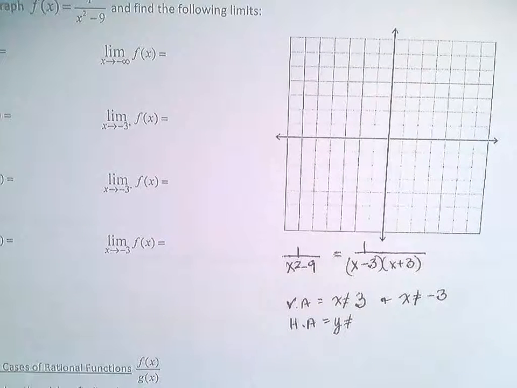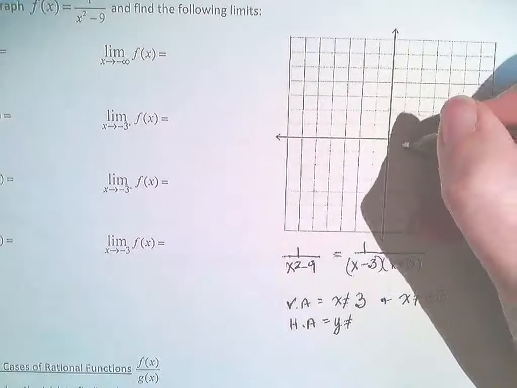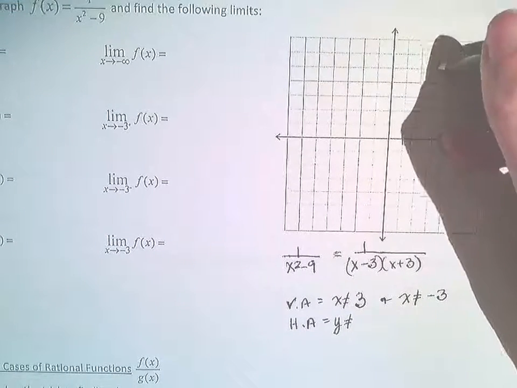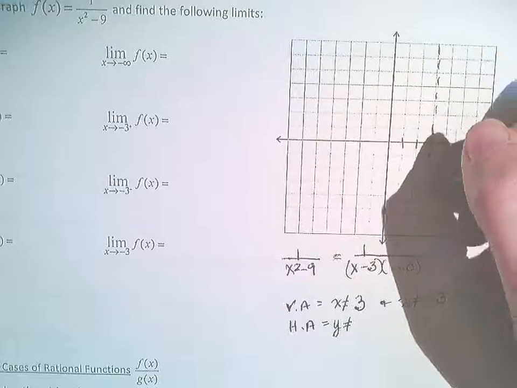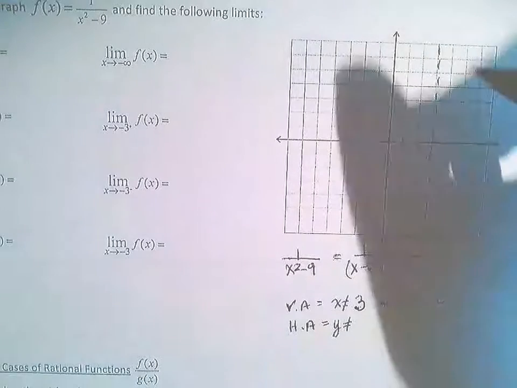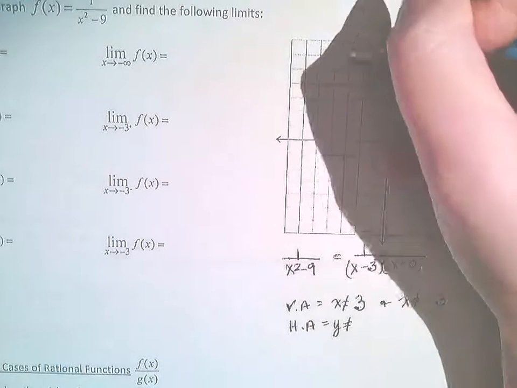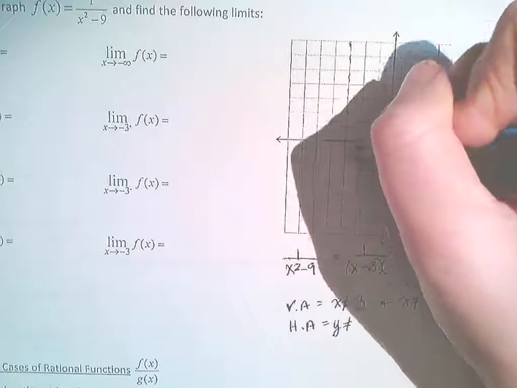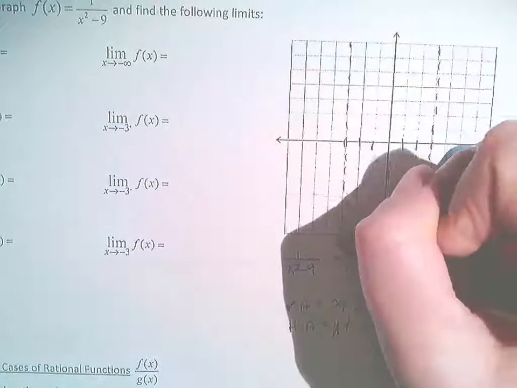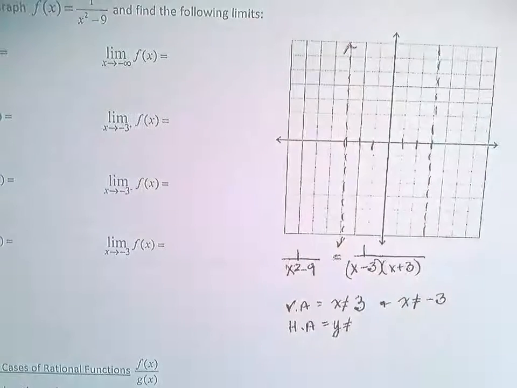So that's where my vertical asymptotes are. They are at x equals 3, so 1, 2, 3, and there's 1, 2, 3 at negative 3. So I have 2 vertical asymptotes right there.